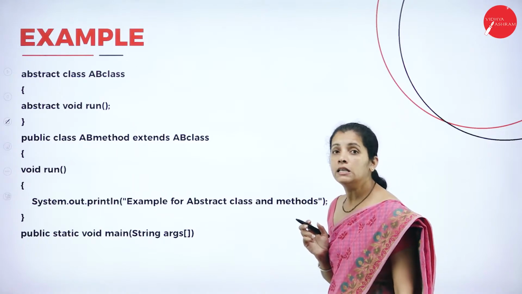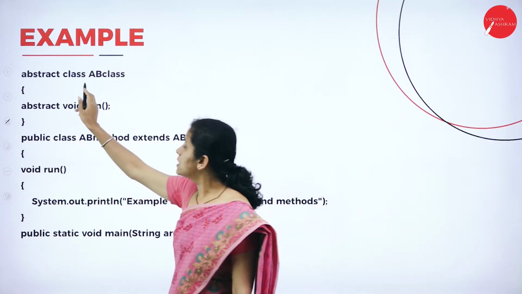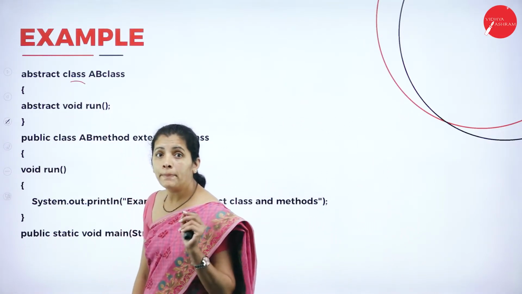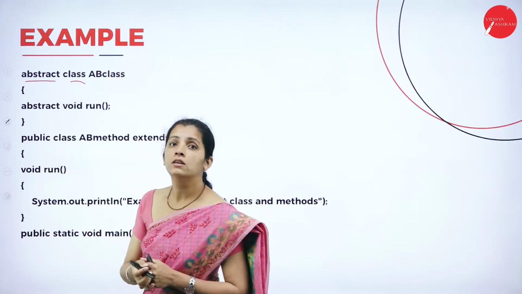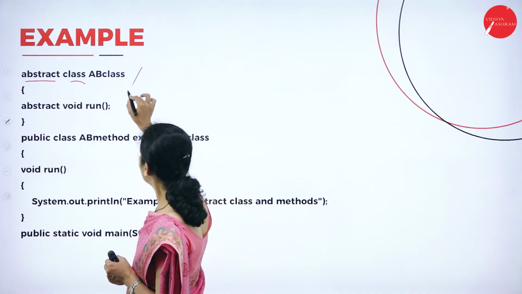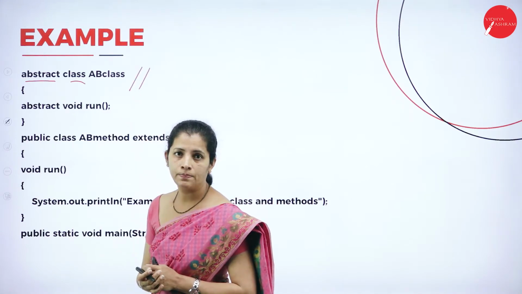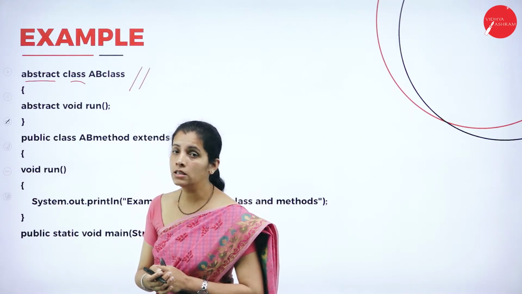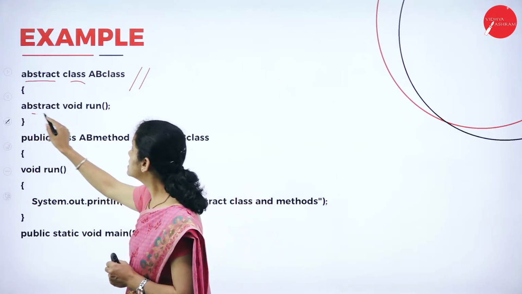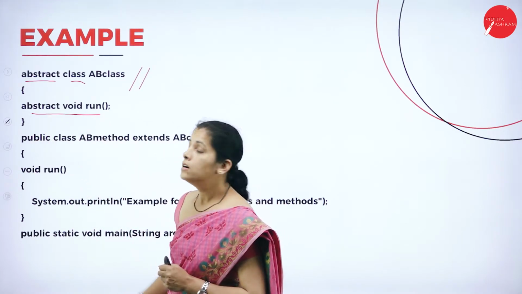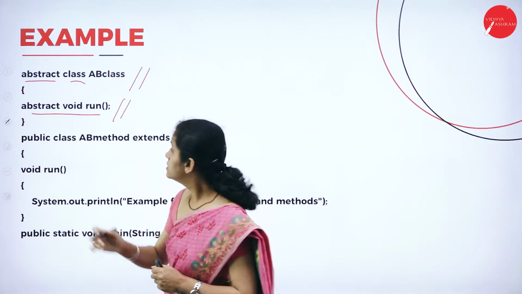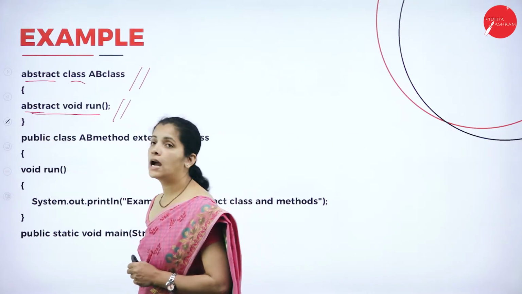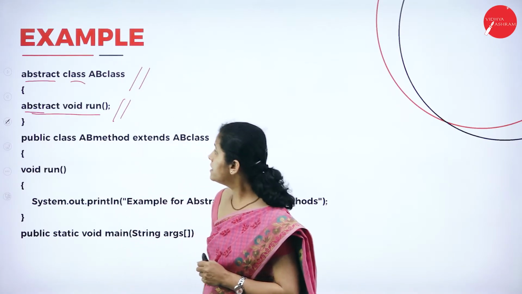As I discussed, the class must be prefixed with the keyword abstract to indicate this is an abstract class. And what about methods? Here, as I discussed, I'm going to have a method declaration, so I'm going to start with the abstract keyword.